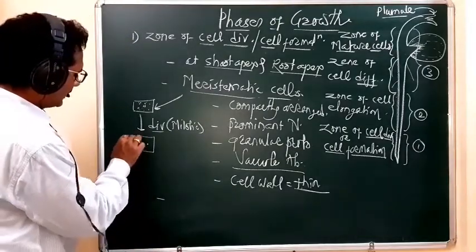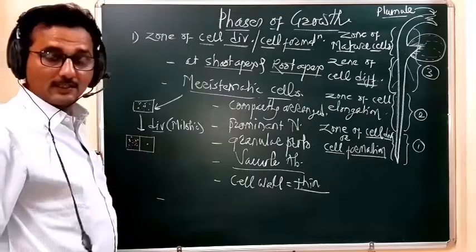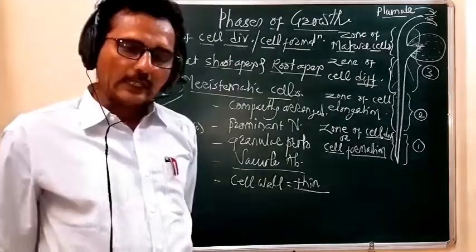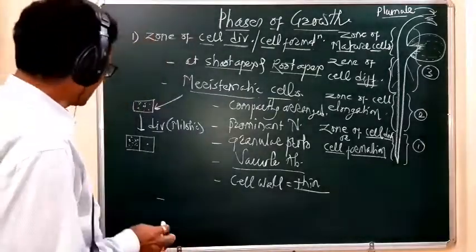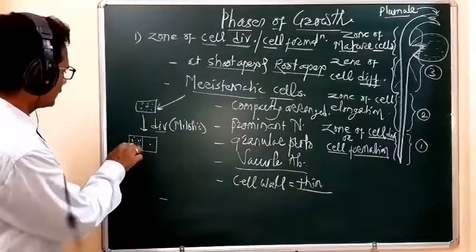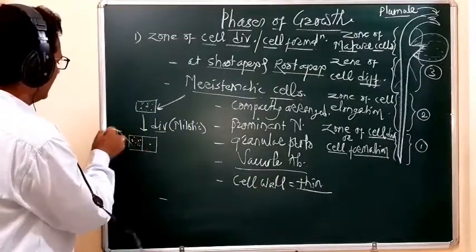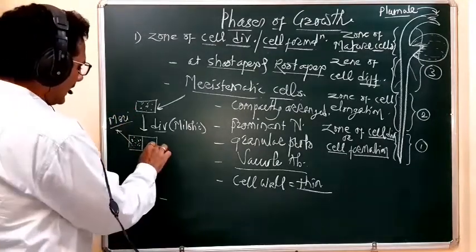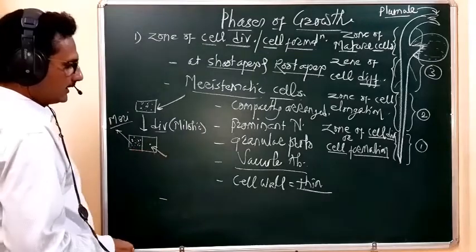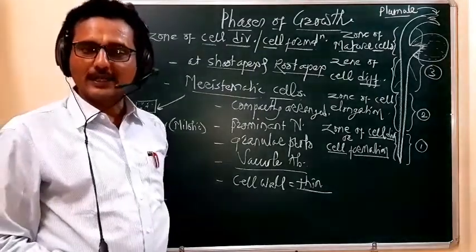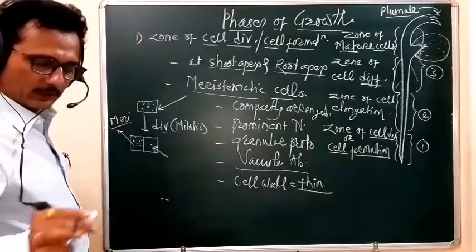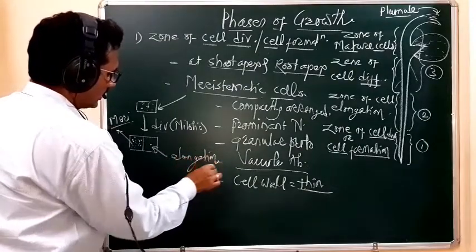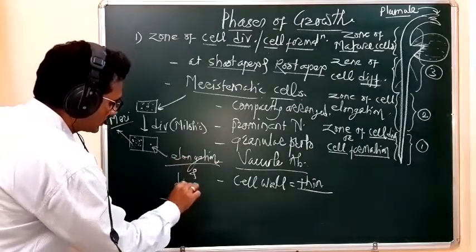The one cell remains meristematic, and the other formed cell undergoes elongation and differentiation.